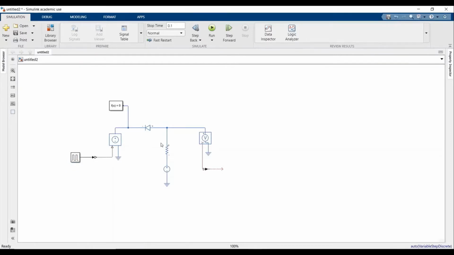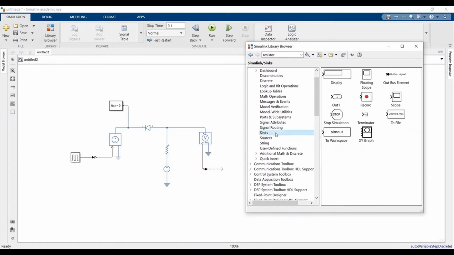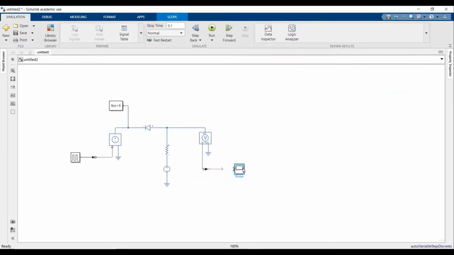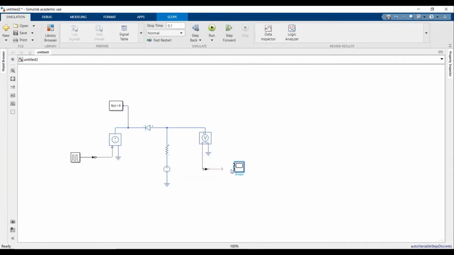And then here we can put it to a scope. I can create 2 ports so I can see what's in the input and what's in the output. Can name this my input.